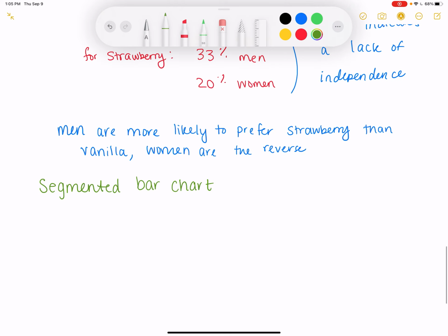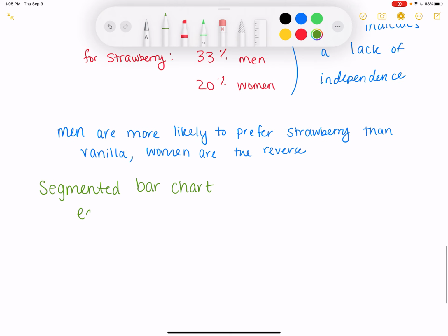So with a segmented bar chart, each bar is a whole. It's used to compare two different groups.